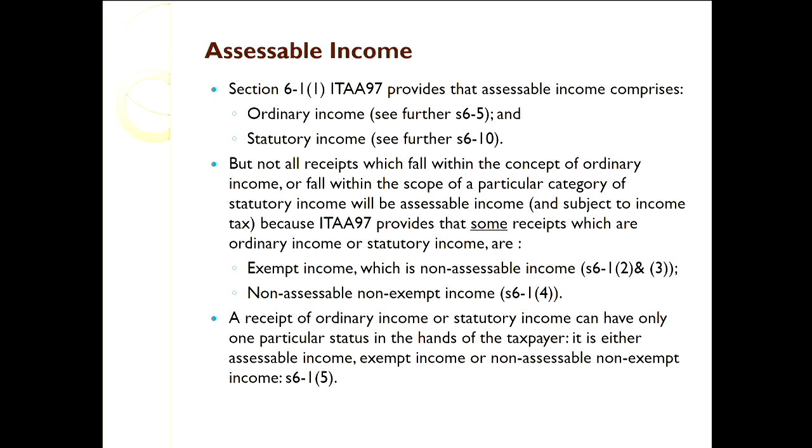It's only if you have doubts as to whether it's ordinary income or not that you consider, might it be statutory income? That's actually a change in the law. It used to be the case a long time ago that the Commissioner of Taxation could go straight to arguing that a receipt was statutory income. You can't do that anymore.